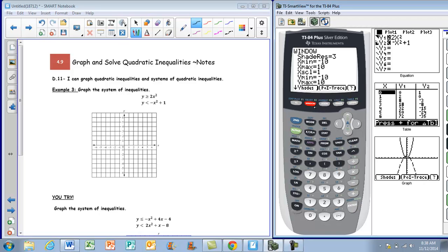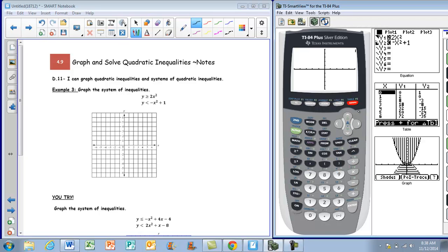So I'm going to adjust my window a little bit and just go from -5 to 5. Same thing here, -5 to 5.